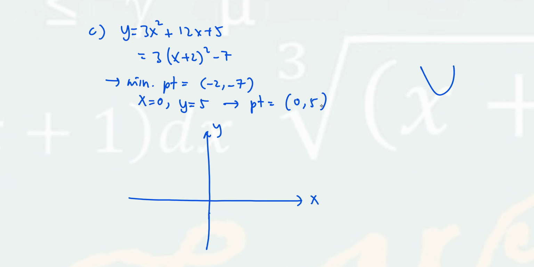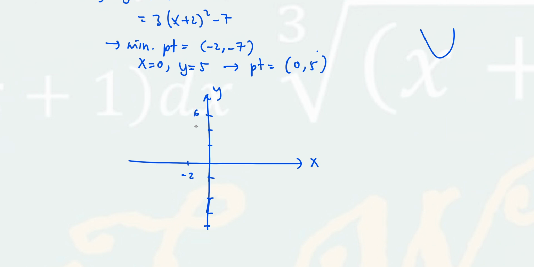Okay, by looking at the coordinates here, my x will be minus 2. So here, let's say here minus 2. Then my y, I need to include 5 and minus 7. So 2, 4, 6. Okay, so minus 2, minus 7 is the minimum point. Right, and it passes through 0, 5. Let's say 0, 5 is over here.